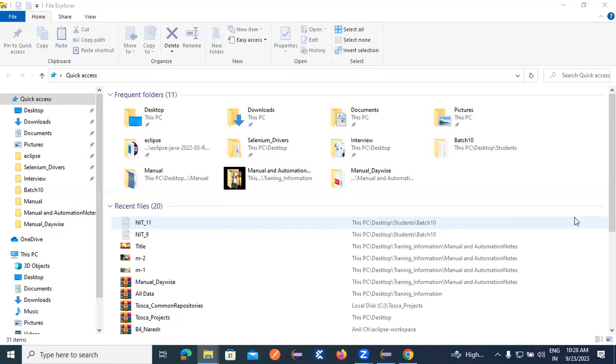Clustering, do you have any idea? Okay, I will show you.